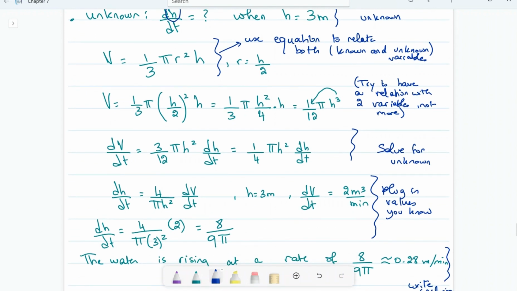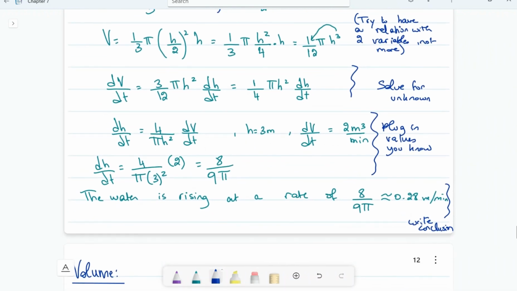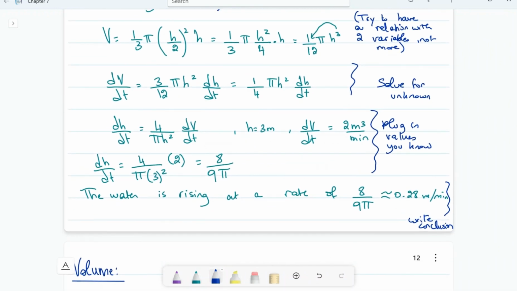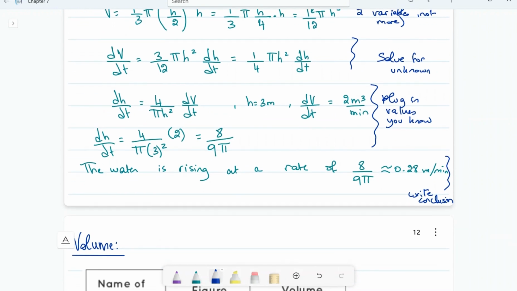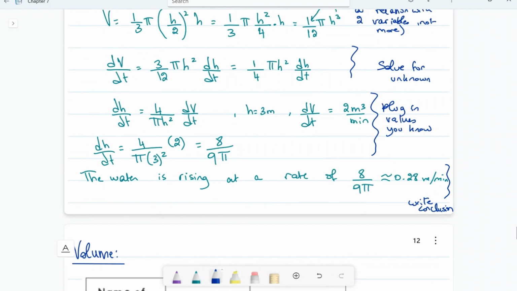Just a remark, try to have the relation or the equation with two variables, not more. So in our case, we had three variables, and this is why we solved for r in terms of h in order for us to plug this in and have two variables, which are V and h in this problem. Then solve for the unknown, then plug in values to get the final answer and write a conclusion with words.